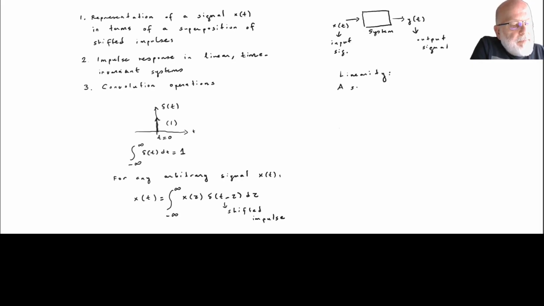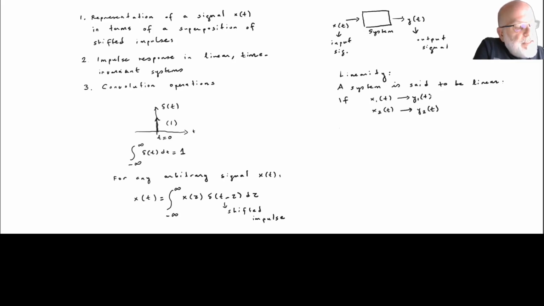A system is said to be linear if the following condition is satisfied: if x1 of t gives us the output y1 of t, where x1 of t is completely arbitrary, and x2 of t gives us the output y2 of t, then any linear combination of x1 and x2, the input signals, will yield the same linear combination of y1 and y2.